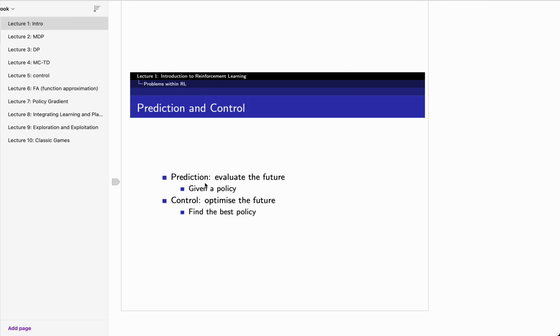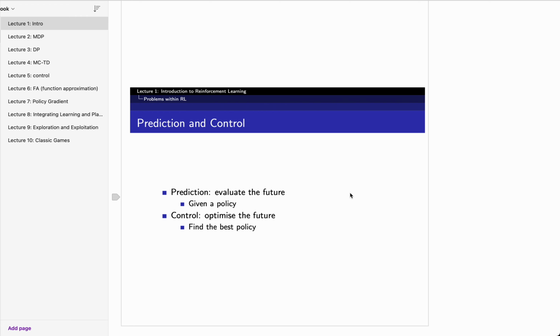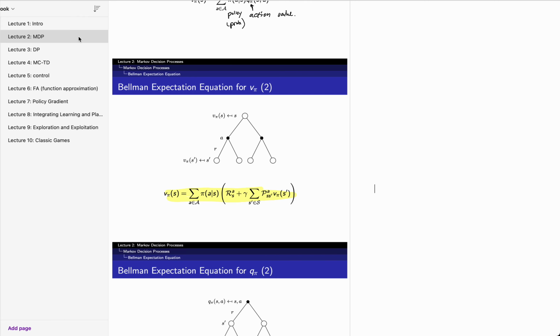Although by prediction you're going to have an implicit policy, meaning if you know which state you're going to get, you're going to find out what are the actions to lead to that state. But with control, with Q, you will be able to immediately find out which action is the best.